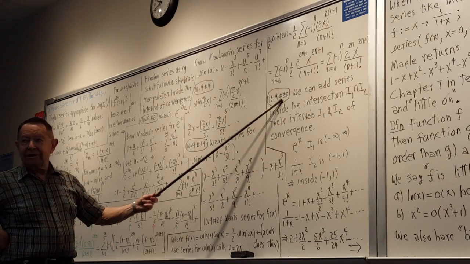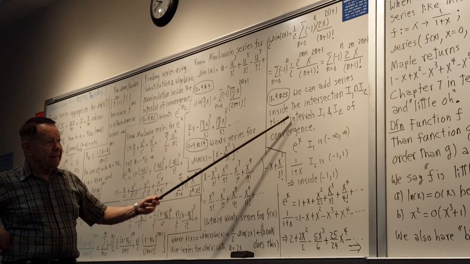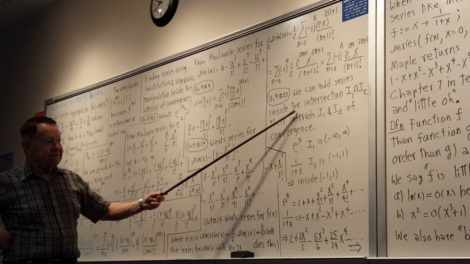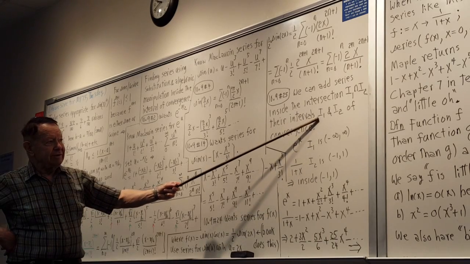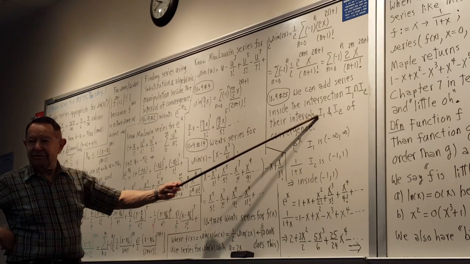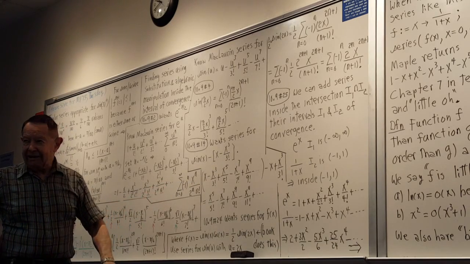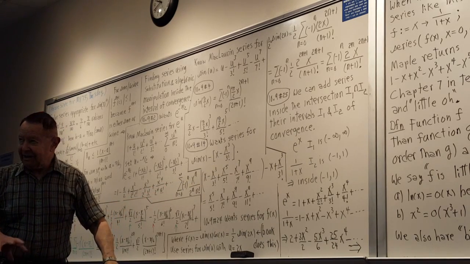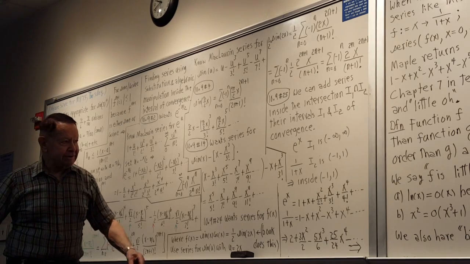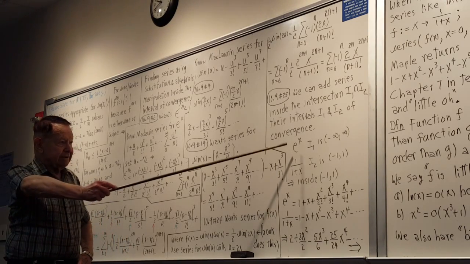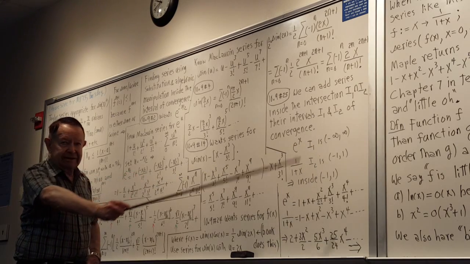So problem 25 wants you to add series term by term. So if you have the intersection of 2 intervals where one series converges in interval I1 and the other one in I2, you can add the 2 series and say that series converges in the intersection. So for example, e to the x, the interval is all x.